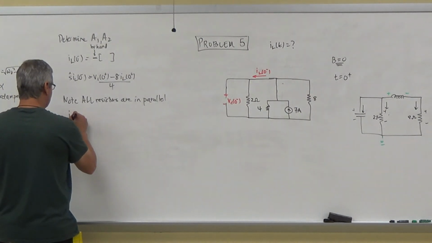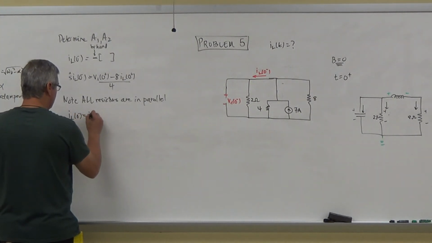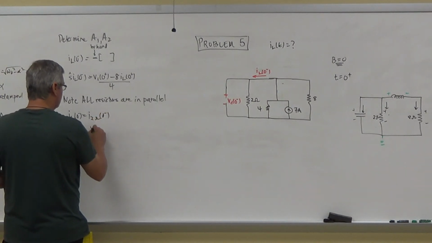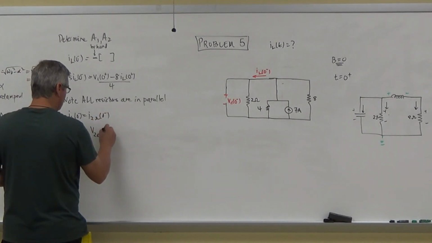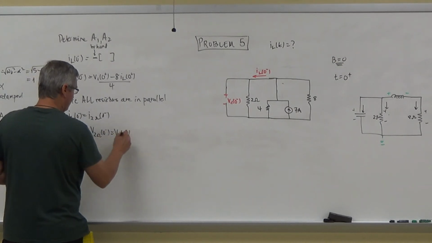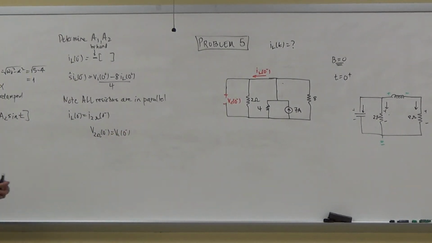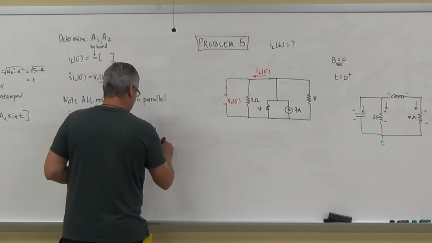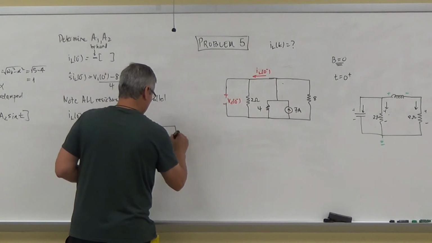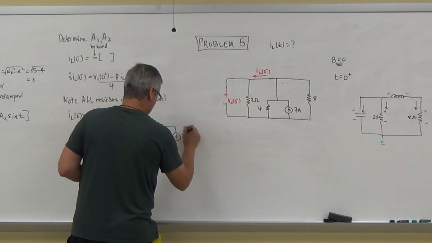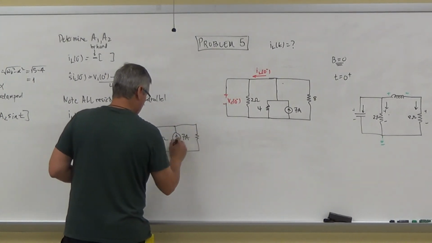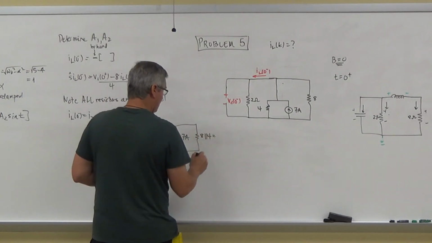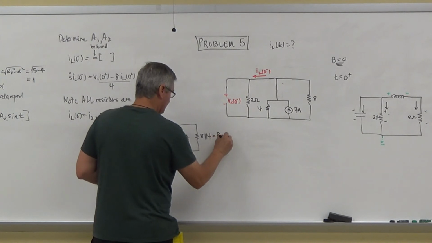So the inductor current is the same as the current across the 2 ohm. The voltage of the 2 ohm resistor is the same as the voltage of the capacitor. So if I do that, so then I really have this circuit now. Where I made this 4 parallel to 4 means that this has to be 8/3 ohm.